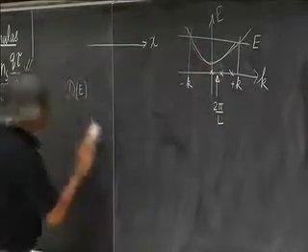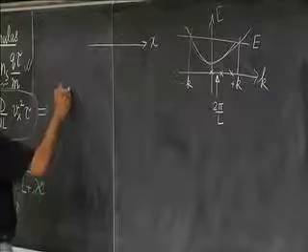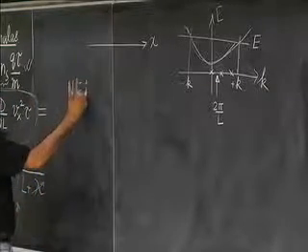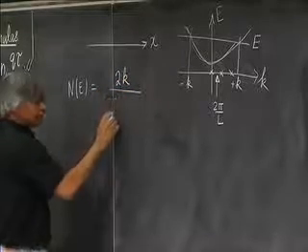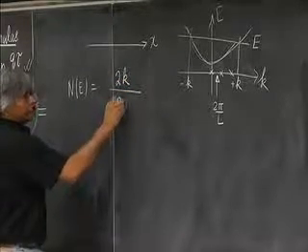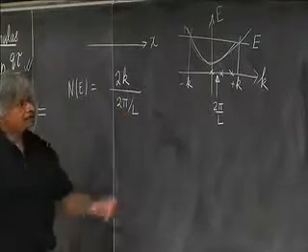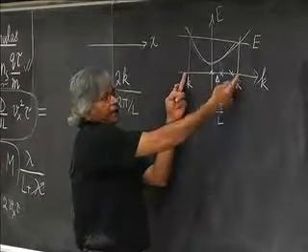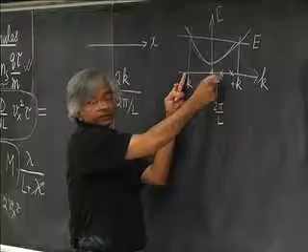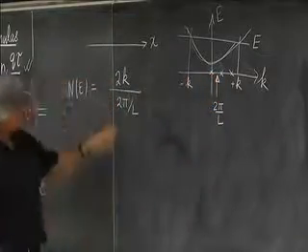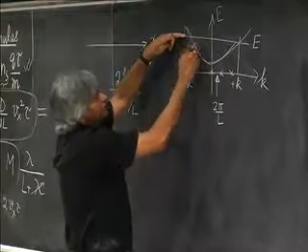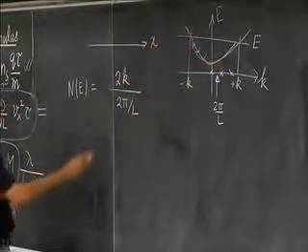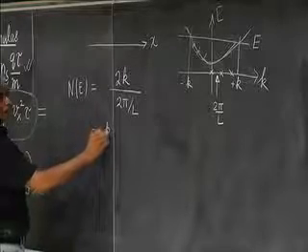So what you first write down is the total number of states, which is 2k divided by 2 pi over L. So the idea is the total range is 2k, states are separated by 2 pi over L. So the total number of states in here is 2k divided by that, which is kL over pi.